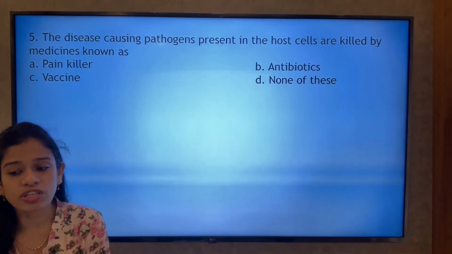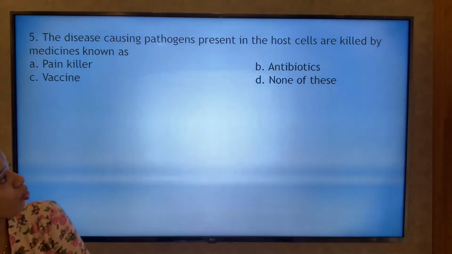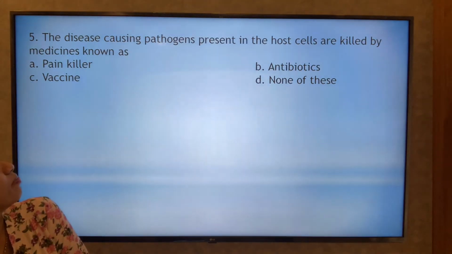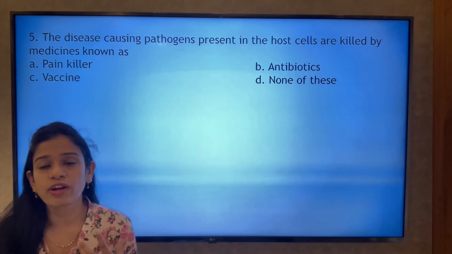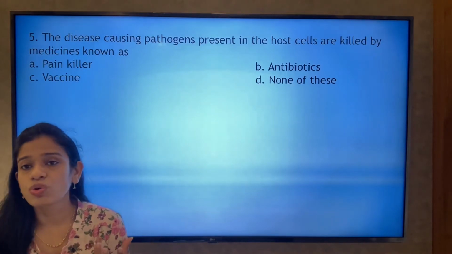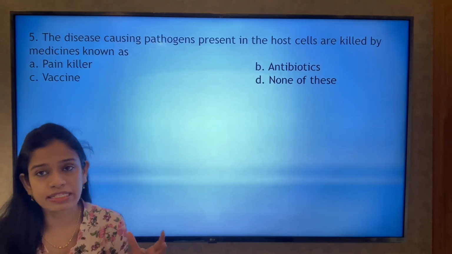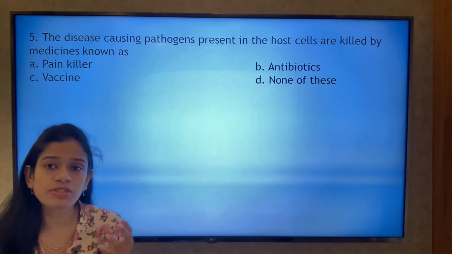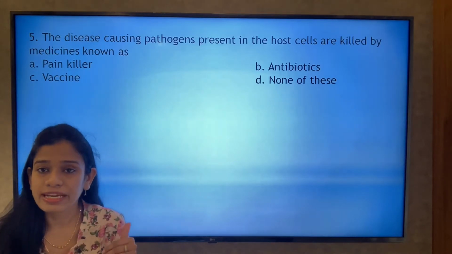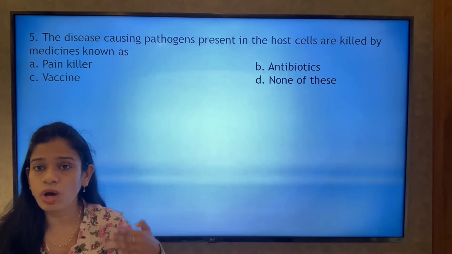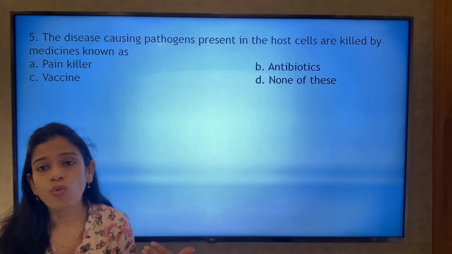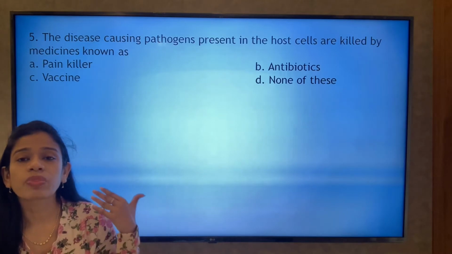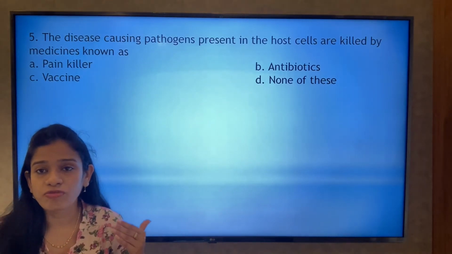The disease-causing pathogen present in the host cells are killed by medicines known as. Now the disease-causing pathogen, what we had known in the first question. So the microorganisms which cause diseases are called pathogens. Now these pathogens, when they cause diseases, in order to stop their growth or in order to stop the spread of the disease, we take in some particular kind of medicine.